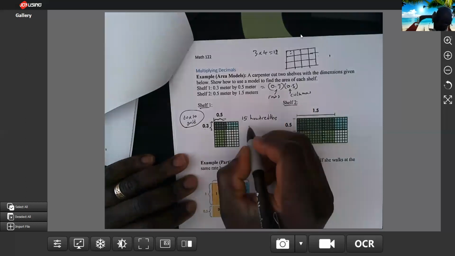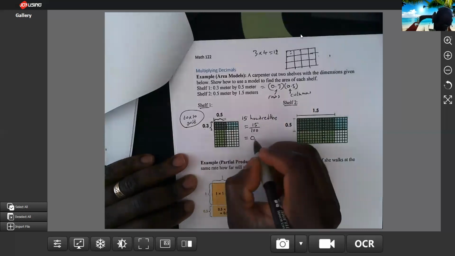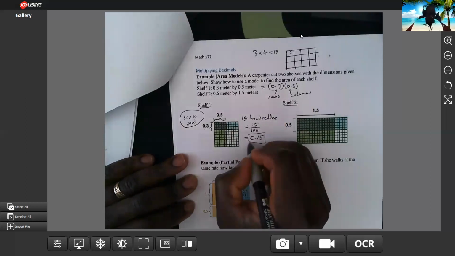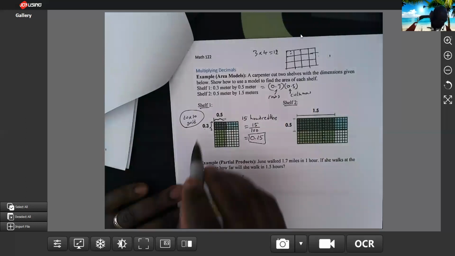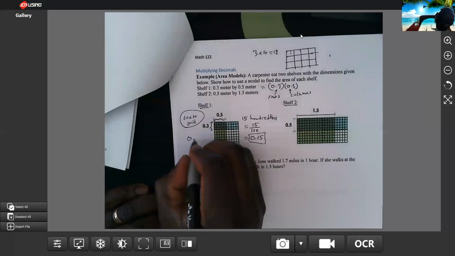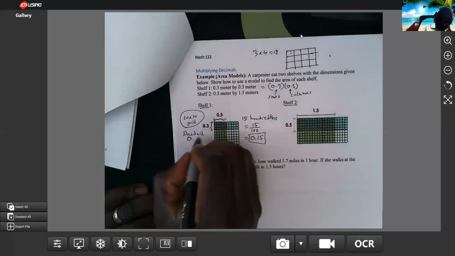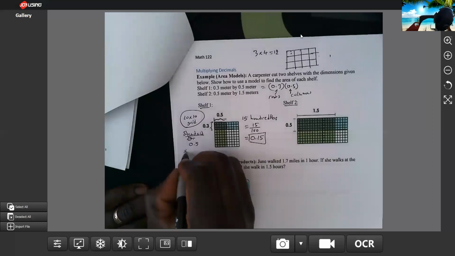15 over 100 is the same as, as a decimal, 0.15. Which is basically saying that 5 times 3, if you remember, if you use the standard algorithm, you have 0.5 times 0.3.